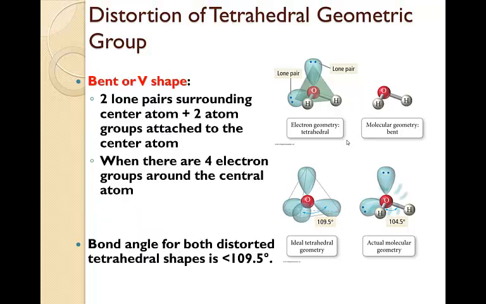And then we have V-shape. V-shape is if there's 2 lone pairs on the center atom and 2 bonding groups, when there are 4 electron groups around the center atom. The bond angles for the distortions are both less than 109.5, which is what it would be if there weren't any lone pairs.